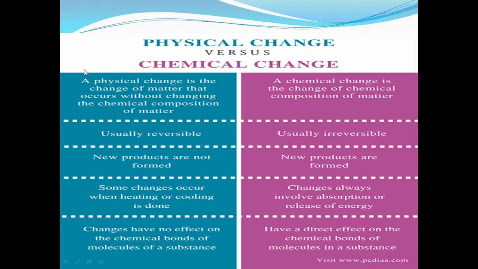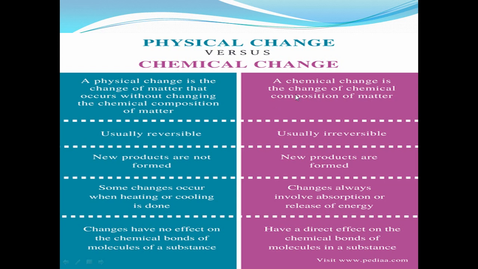So the physical change is the change of matter that occurs without changing the chemical composition of matter, without changing the chemical structure of matter. The ice in the solid state is H2O, in the liquid state is H2O, in the gaseous state is H2O. So the structure doesn't change. What about in the chemical change?